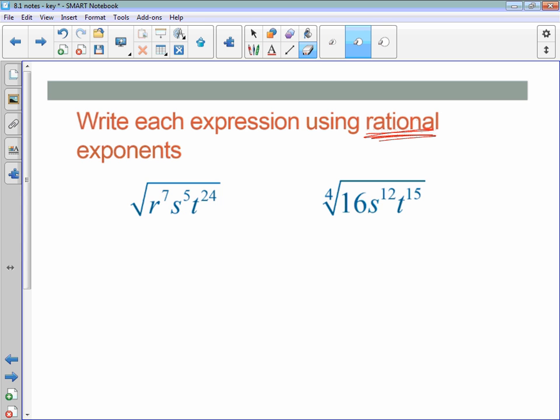All right, so we're going to write the expressions using rational exponents. And we'll go through these together, guys.